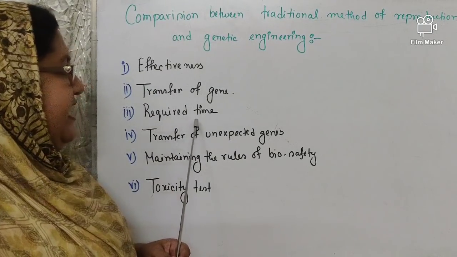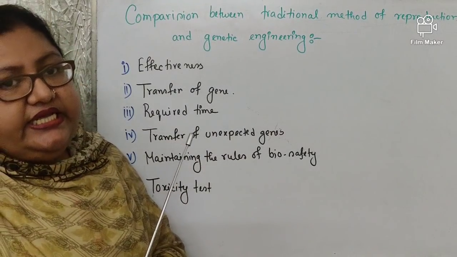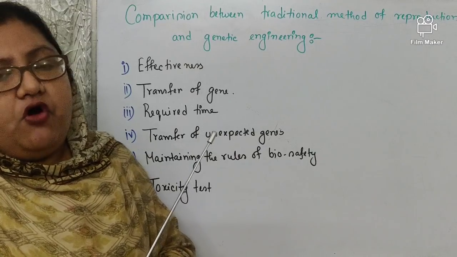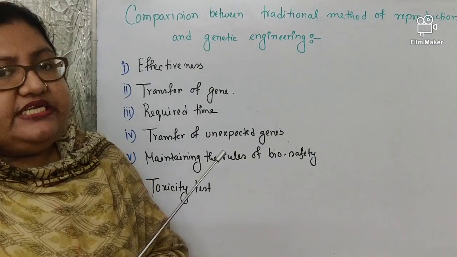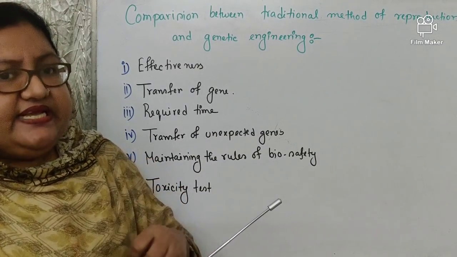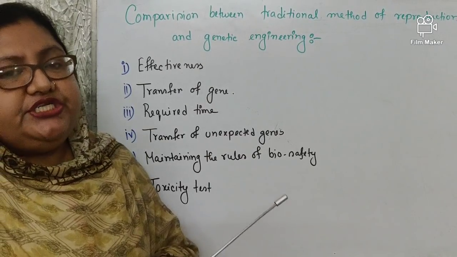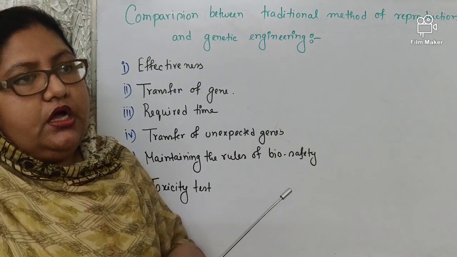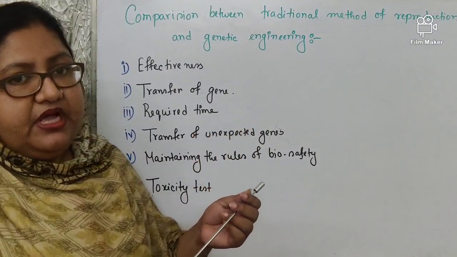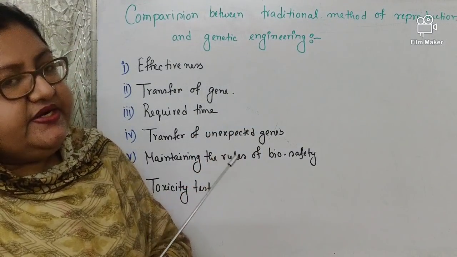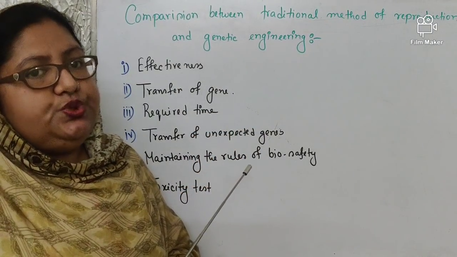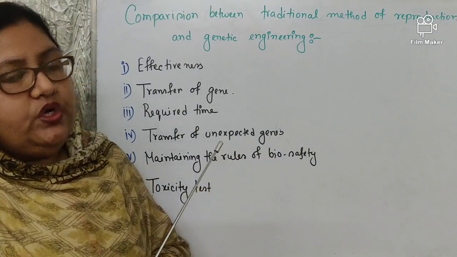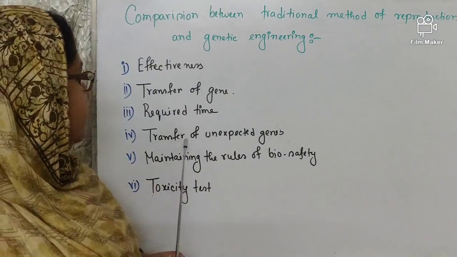Next, required time. It is very tough to get the desired character through the traditional reproduction process within a short time. But in case of genetic engineering, it is possible to get the desired character within a short time.